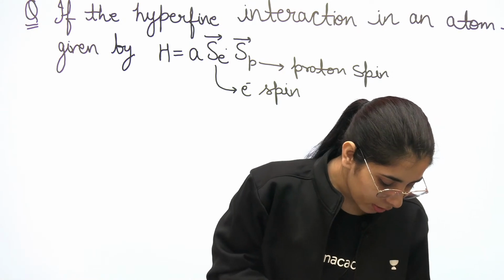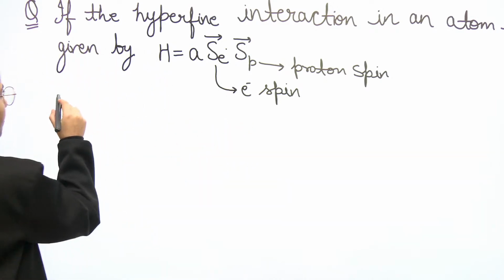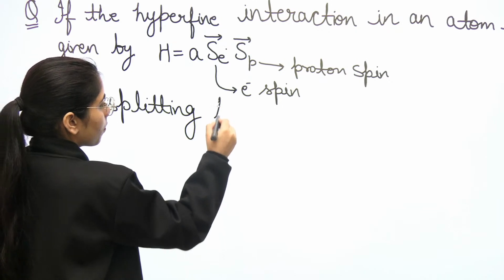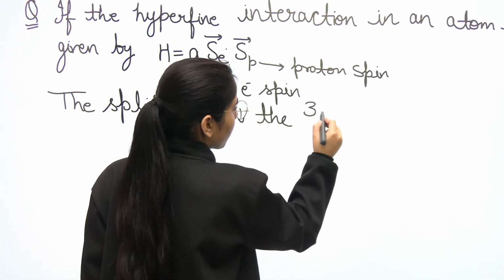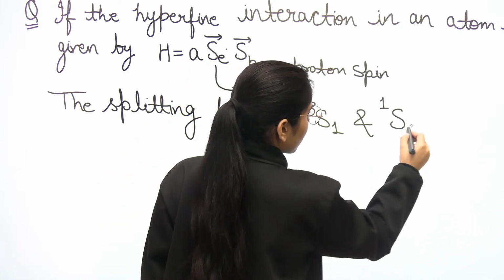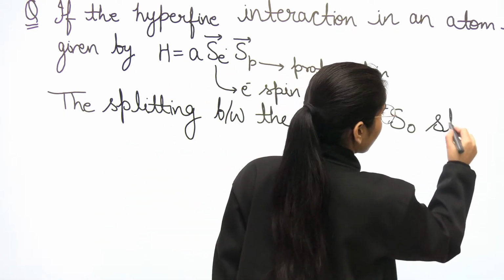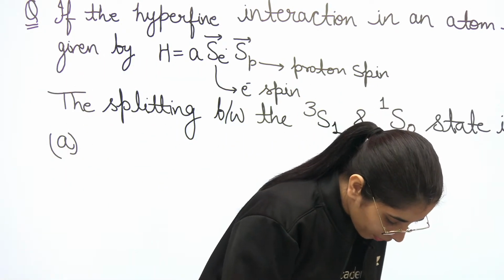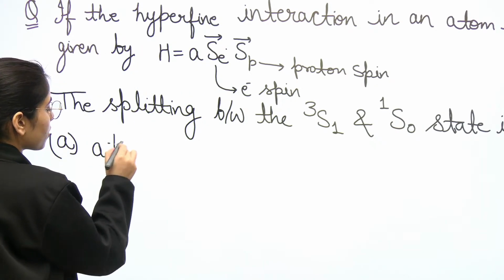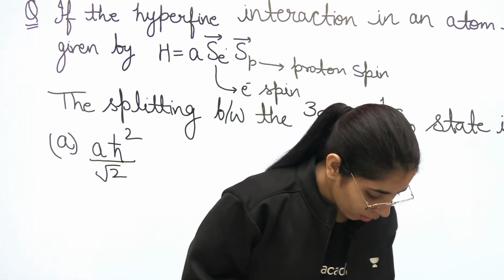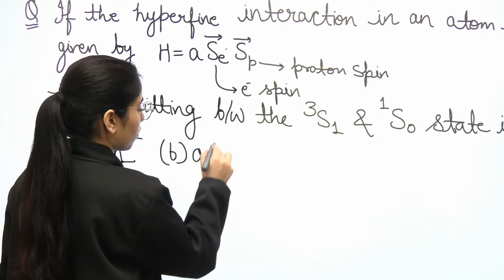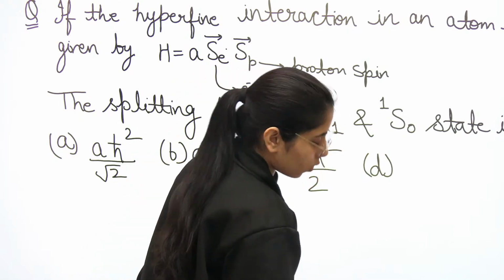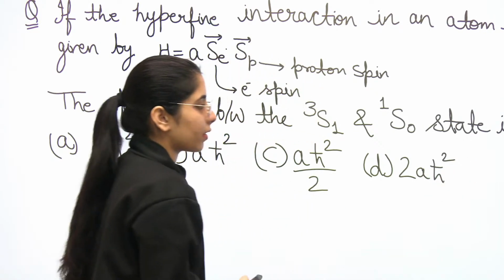The splitting between the 3S1 and 1S0 state is... Options are: A, h square upon root 2; B, A h square; C, A h square upon 2; D, 2A h square. Start solving it now.